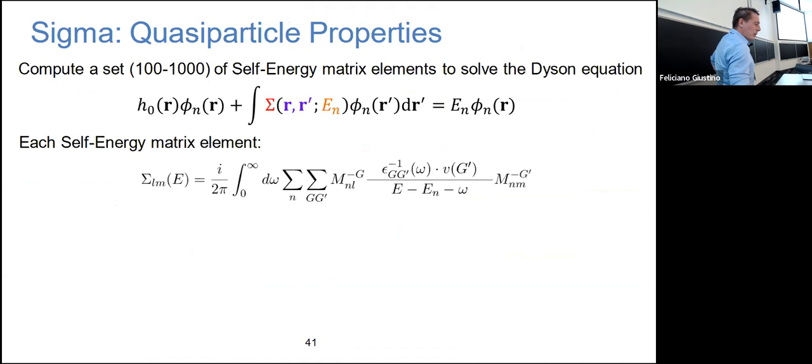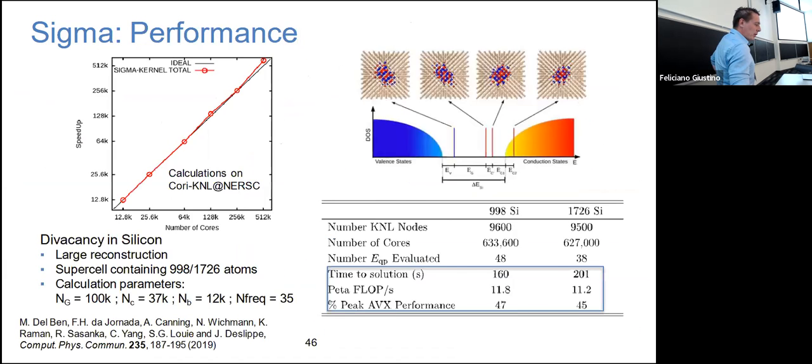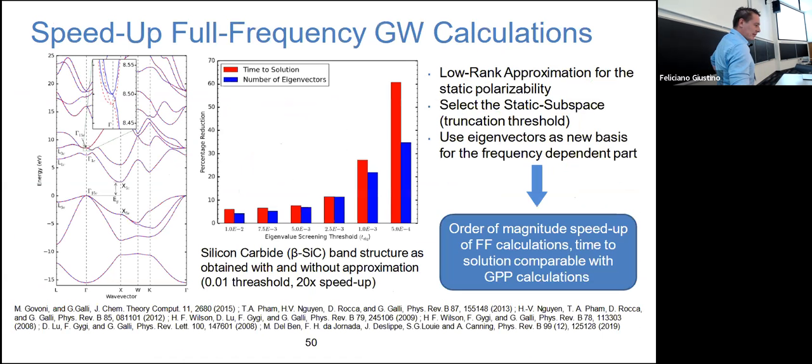What we found is that the accuracy depends essentially on the threshold on the eigenvalues. So if you set, let's say, 10 to the -3, you diagonalize the polarizability, and you select all the eigenvectors which are above 10 to the -3 as a low-rank approximation.